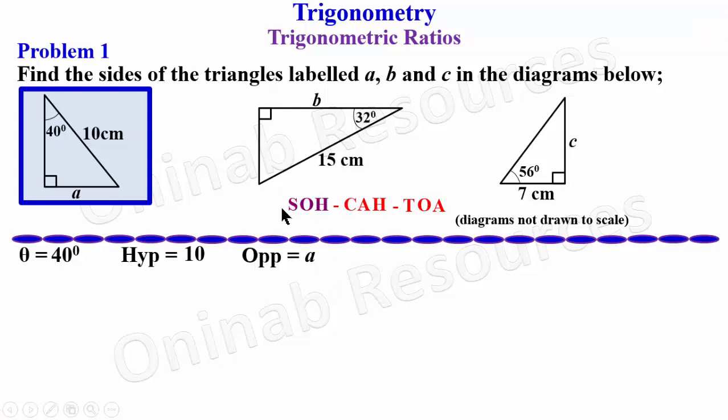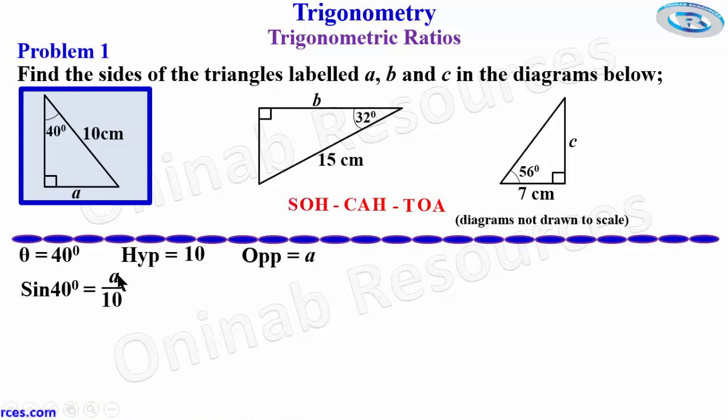So we say sine 40 degrees is equal to opposite, that is A, over hypotenuse, that's over 10.